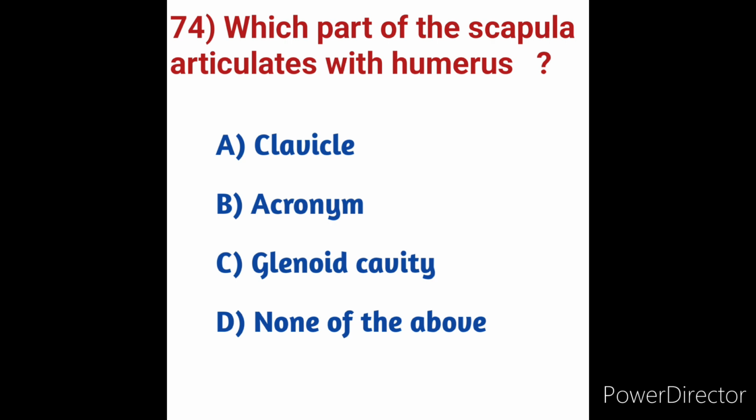The lateral angle of the scapula is the location of the glenoid cavity. This is where the humeral head articulates with the scapula. The glenoid cavity is a shallow depression at the lateral apex of each scapula that articulates with the head of the humerus, meaning the upper arm bone, to form the shoulder joint. Overhanging the glenoid cavity is a projection known as the coracoid process.